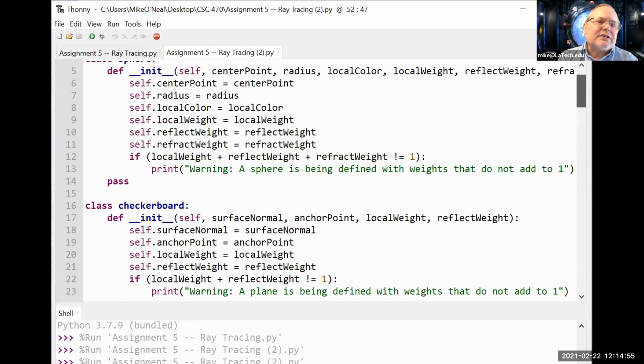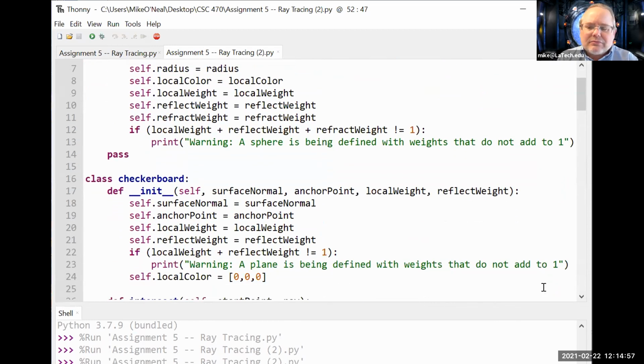But here is, let me show you what it looks like actually. Here is my... One sec. Ah, here it is.